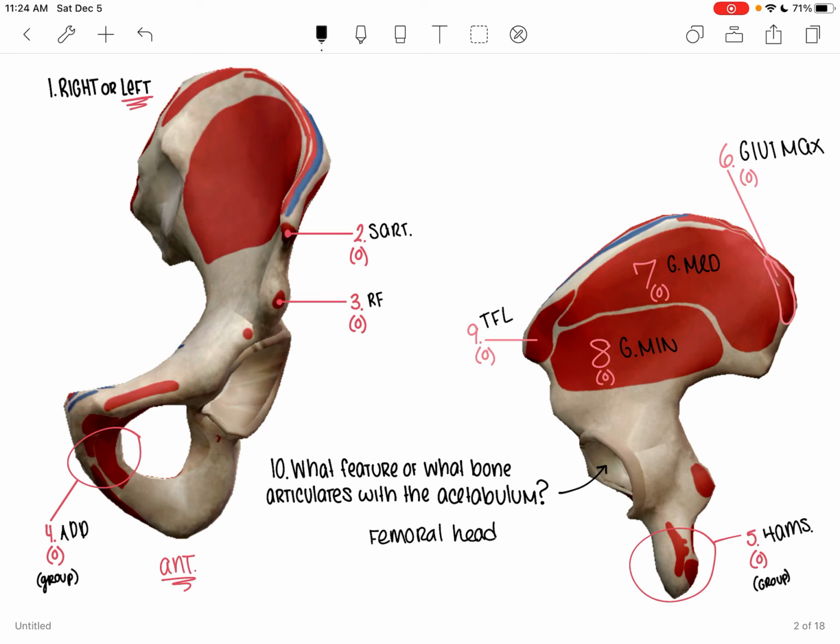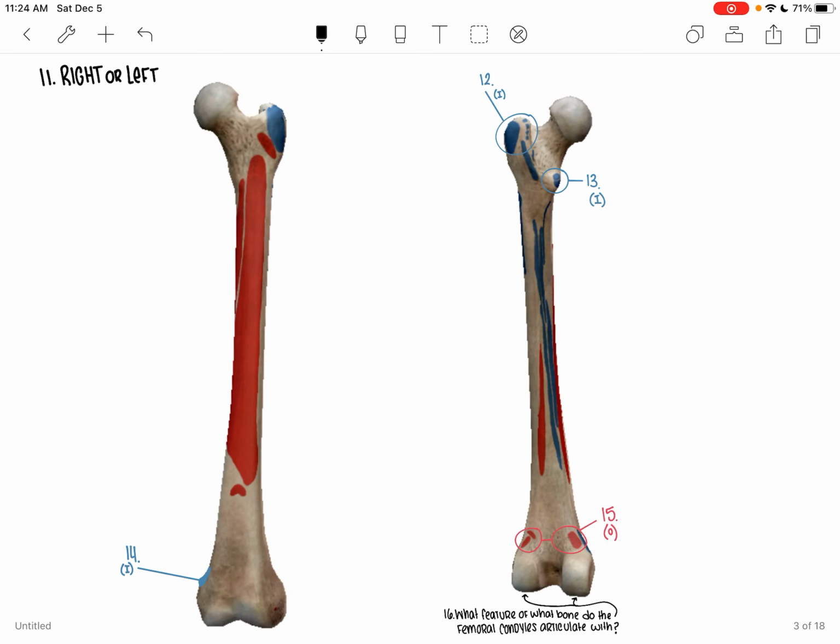All right, so hopefully those weren't too bad. Let's move on to the next bone. Now we have the femur. Go ahead and work through these questions on your own. Let me add something here. For number 12 and 13, it's looking for 2 muscles, so you can label them A and B if you'd like.